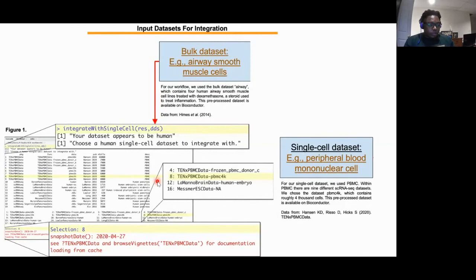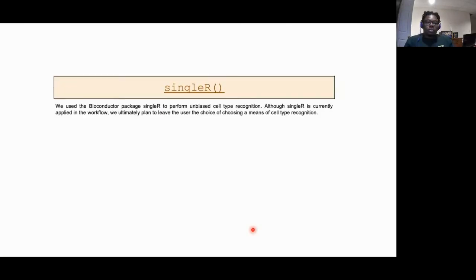Moving along, the function's output will be a list that contains the original results table, the bulk gene count, and the single-cell object selected by the user. Next, to perform unbiased cell type recognition, we use the package on Bioconductor called SingleR.